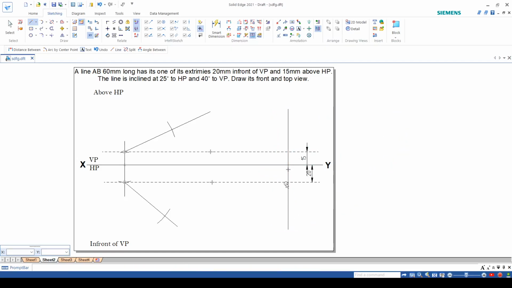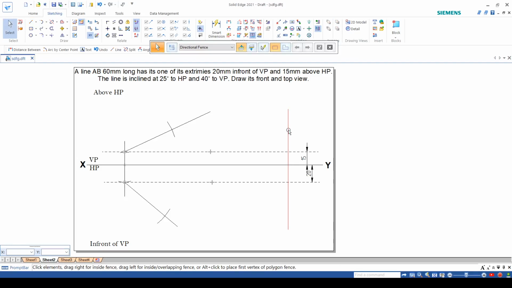Actually, what I do is take 180 minus 25 and mark the angle from this side, taking a protractor here, and I have the common point here.